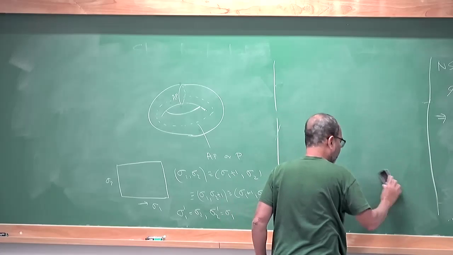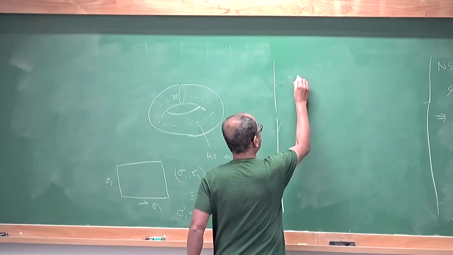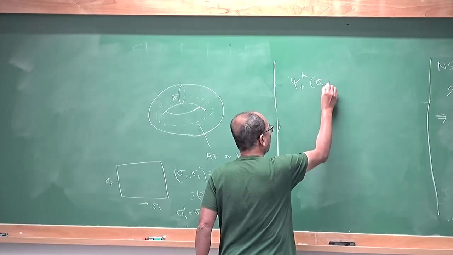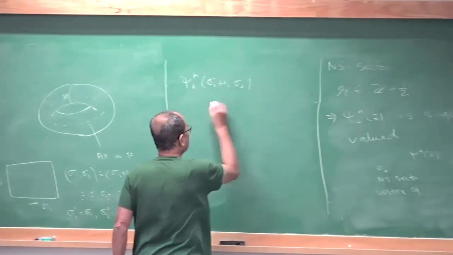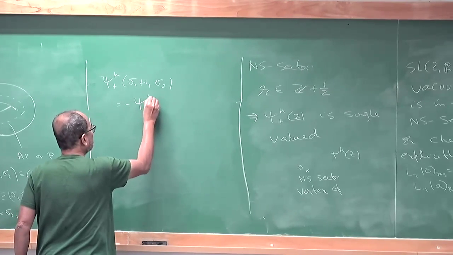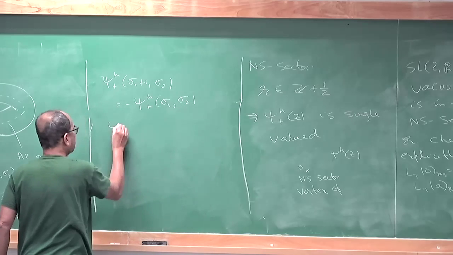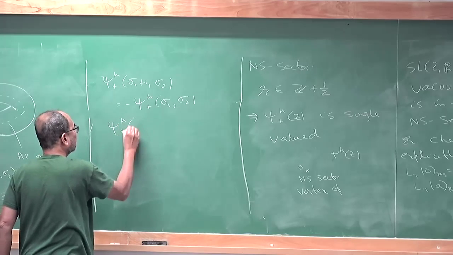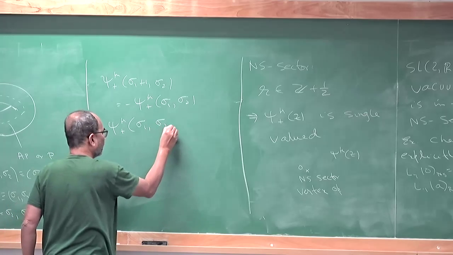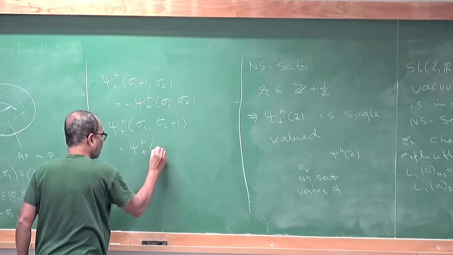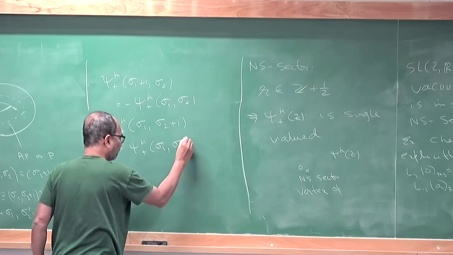That on the torus, imagine I try to put the boundary condition that psi mu plus of (sigma 1 plus 1, sigma 2) is equal to minus psi mu plus of (sigma 1, sigma 2), and psi mu plus of (sigma 1, sigma 2 plus 1) is psi mu plus of (sigma 1, sigma 2).